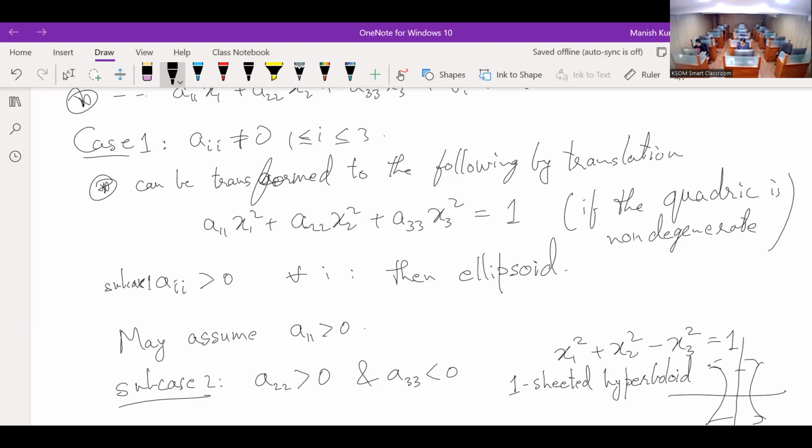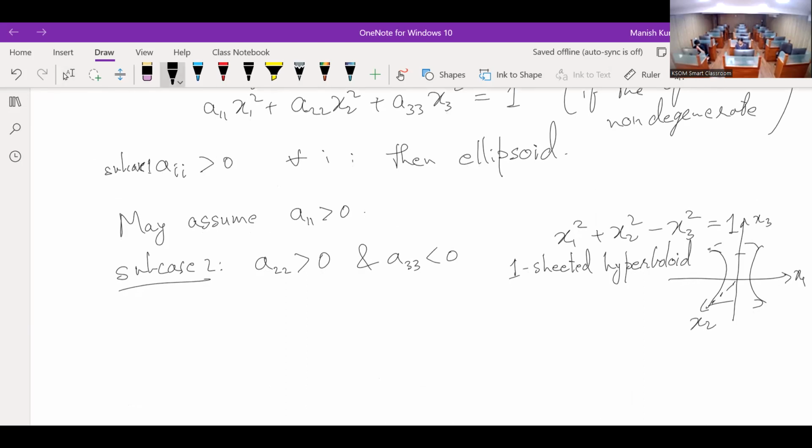This is how the shape looks. If you look at the cross sections of x3, so let's say this is the x3 axis, and you fix a number for x3, then the cross sections are circles. Even with coefficients, they will look like ellipses. Let's say this is x1, and the one coming out is x2; these are the three axes.